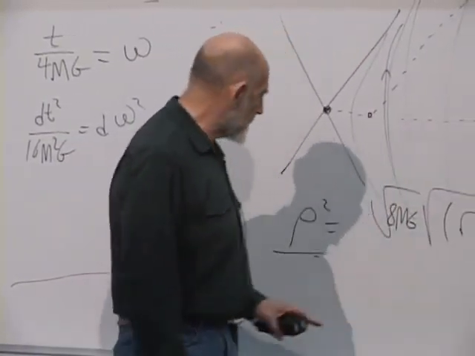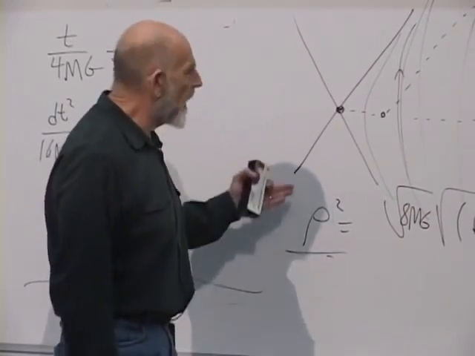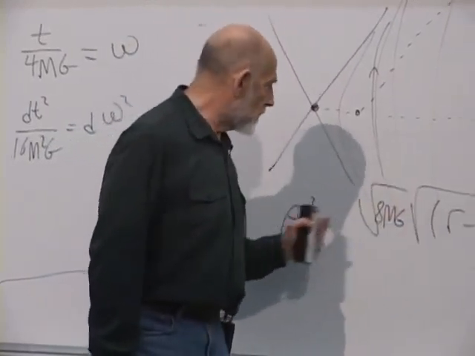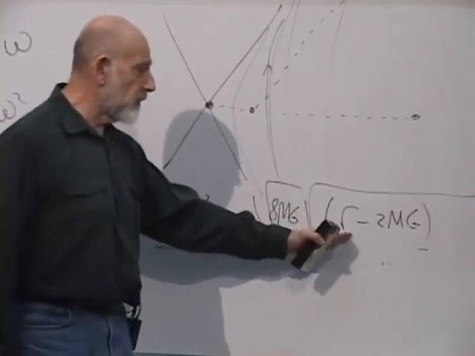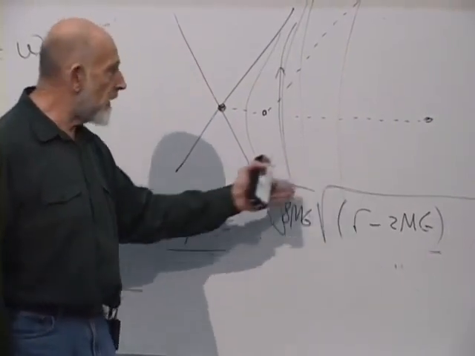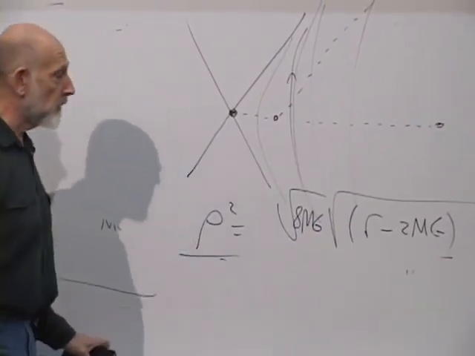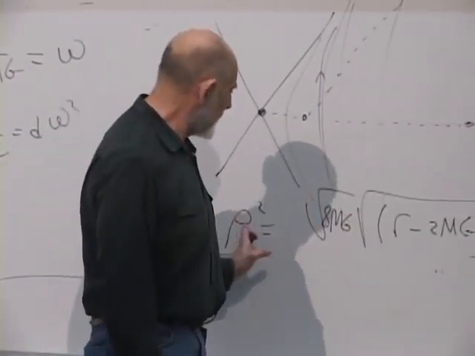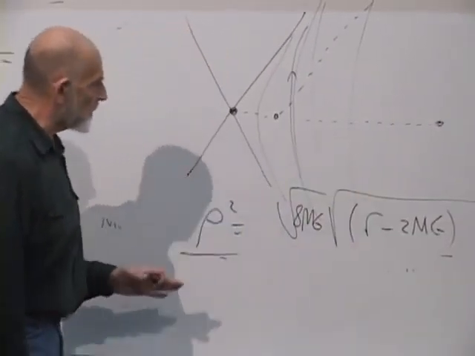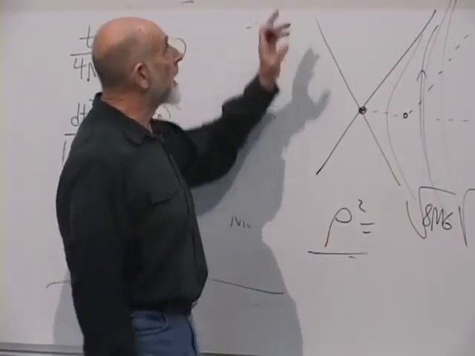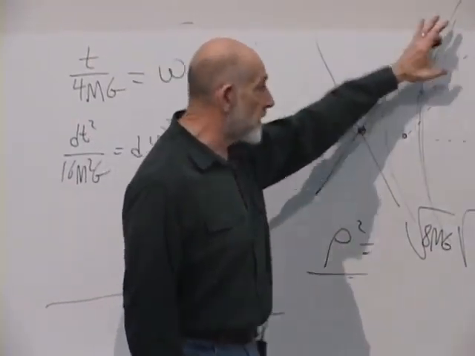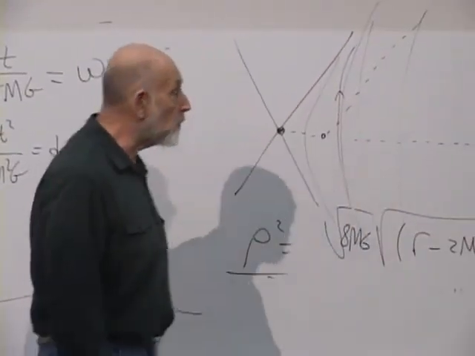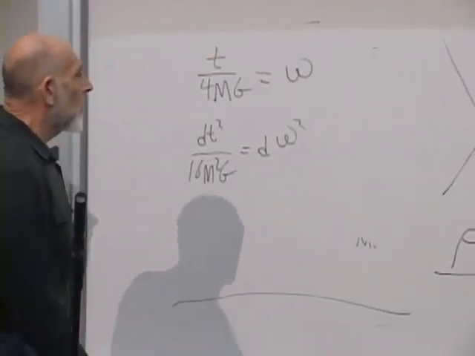If the square root is positive, rho squared is positive. And for each value of rho, there's one value of r. And for each value of r, you can define one value of rho. Let's not worry about negative values for the square root. Right? Each value of rho comes with a value of r. So a given value of r is on one of these hyperboloids, on one of these rho lines.